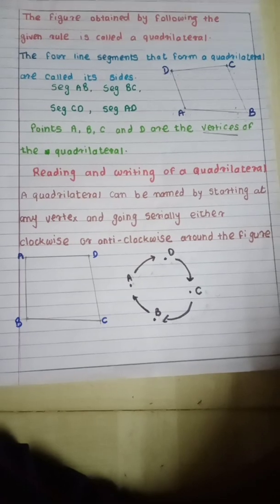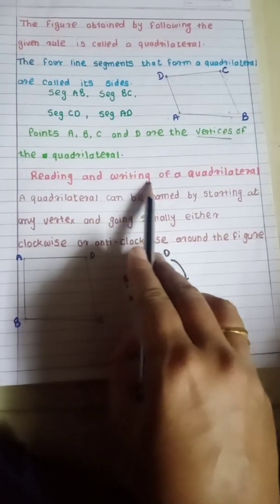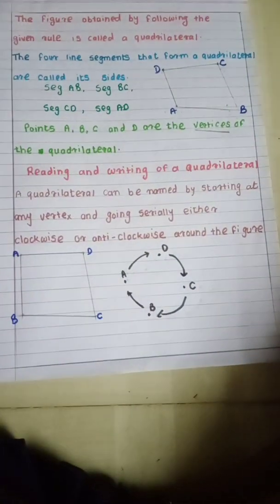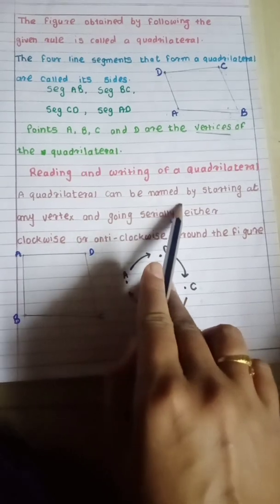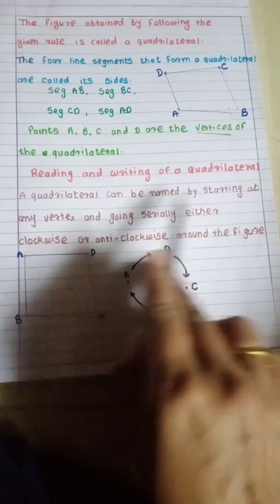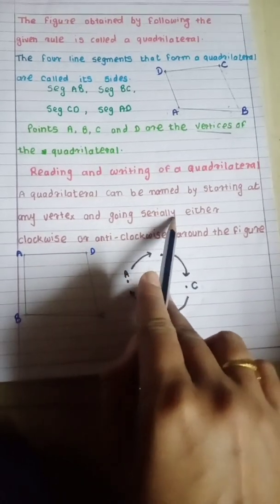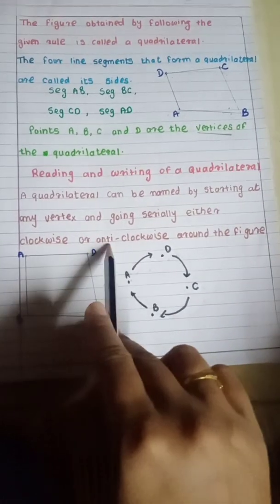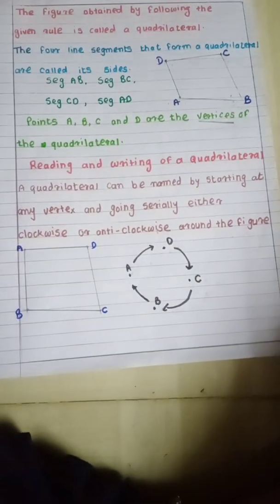Now we'll understand reading and writing of a quadrilateral. A quadrilateral can be named by starting at any vertex and going serially either clockwise or anti-clockwise around the figure. What it means?